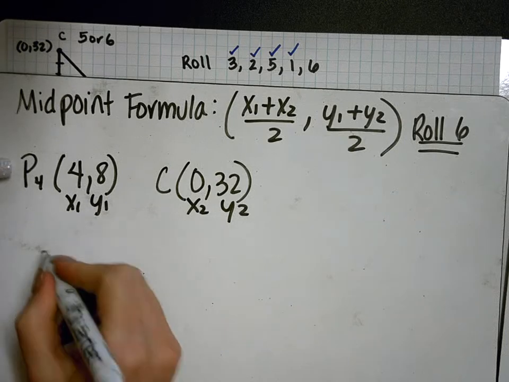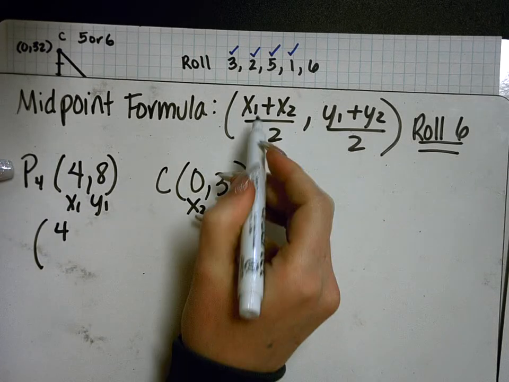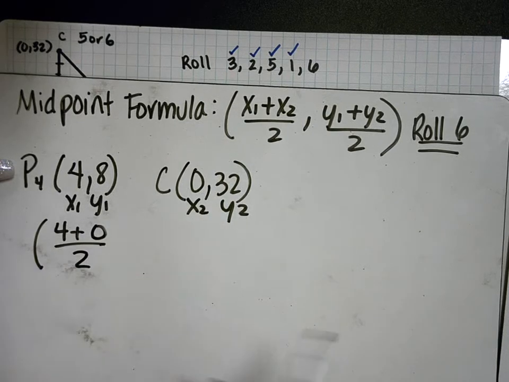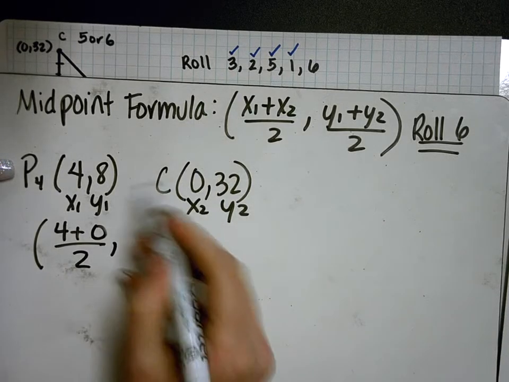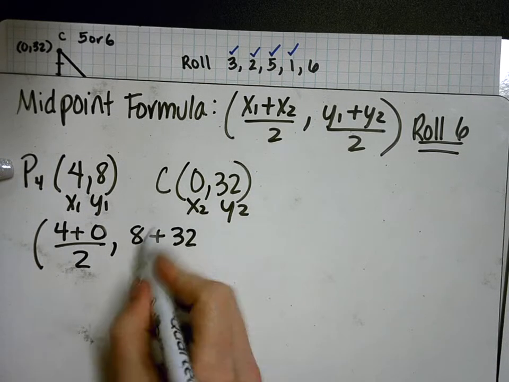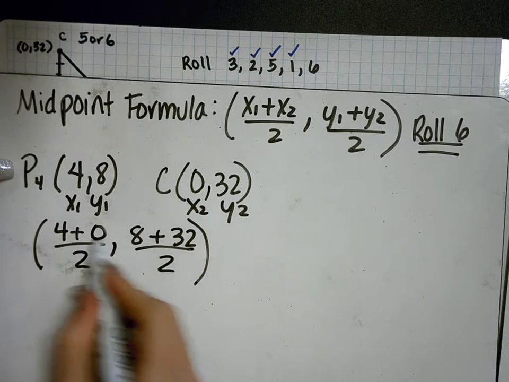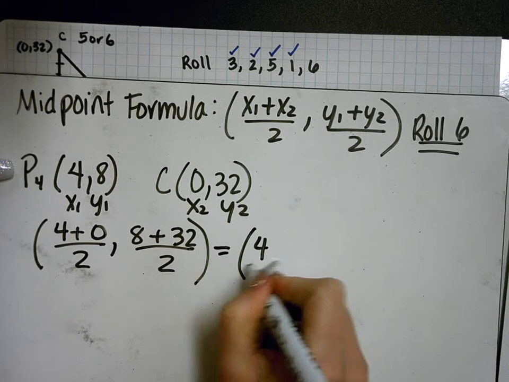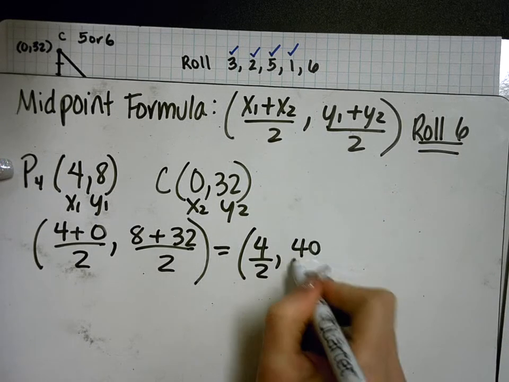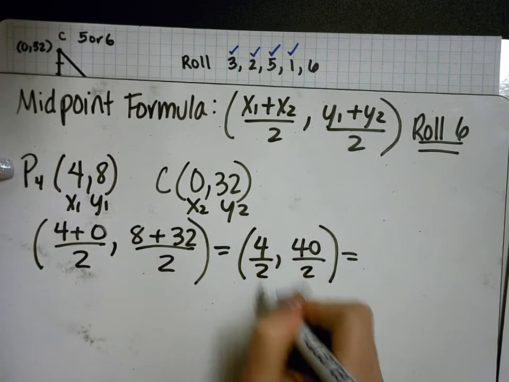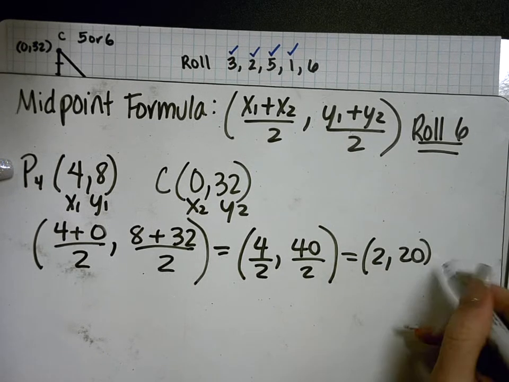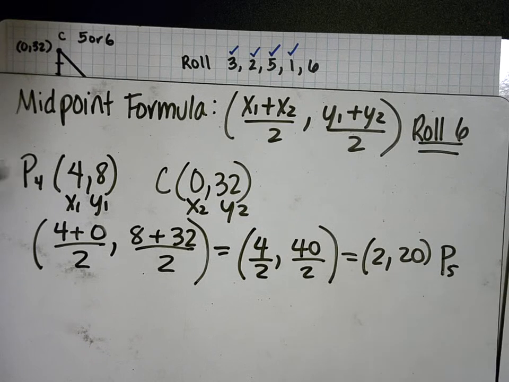So x1 is 4 plus x2, which is 0, all divided by 2, comma, y1 is 8 plus y2 is 32, all divided by 2. 4 plus 0 equals 4 divided by 2. 8 plus 32 is 40 divided by 2. We simplify that. 4 divided by 2 is 2. 40 divided by 2 is 20. This is our fifth point, P5, 2, 20.